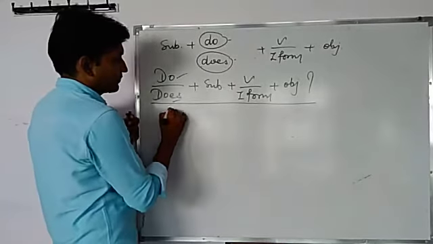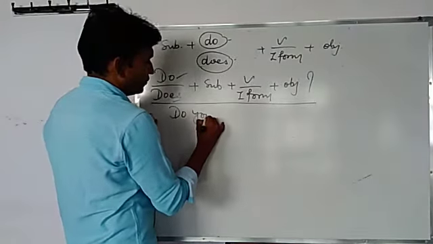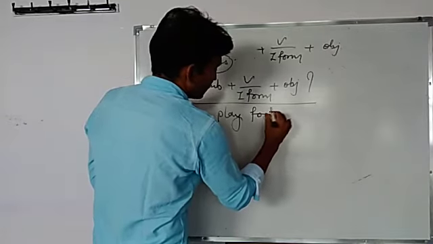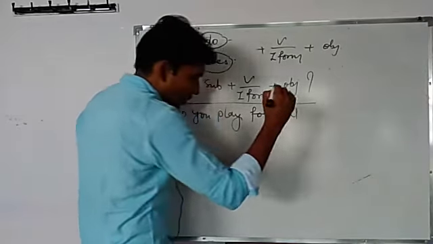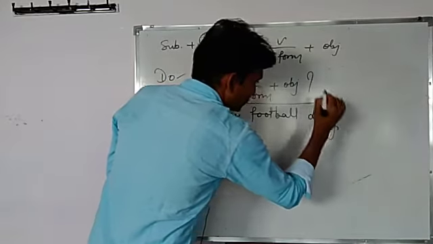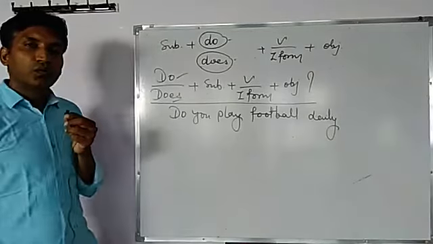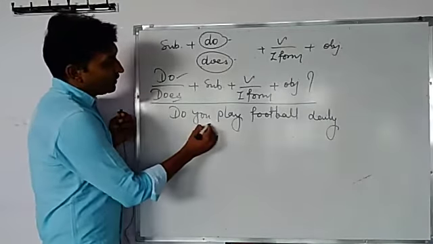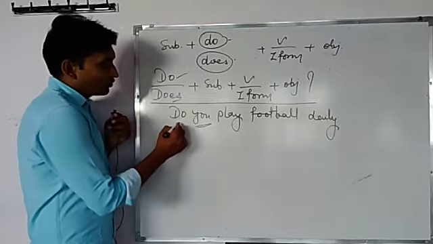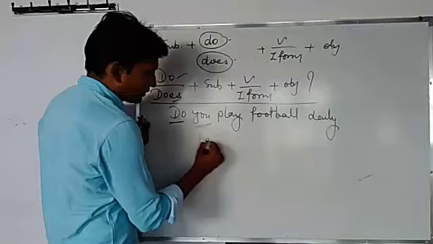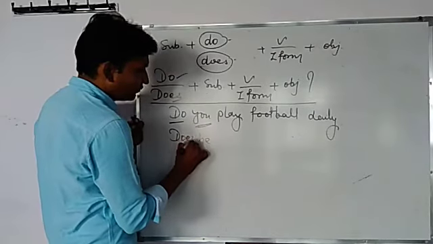Look. Do you play football daily? Do you play football daily? Look. Here the subject is plural. So I use do. If the subject is singular, then does will be used.